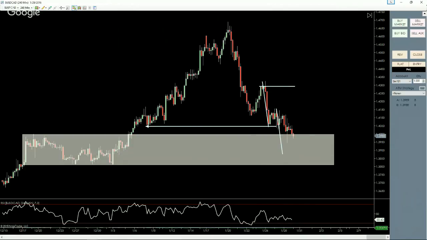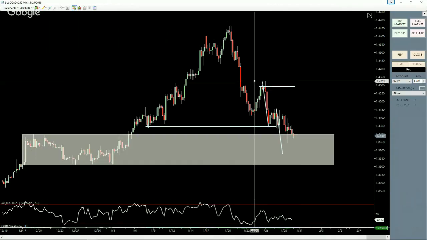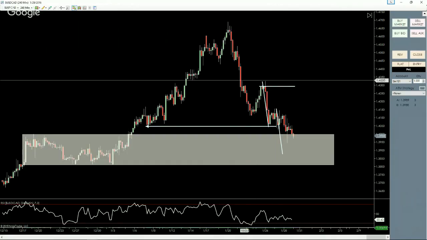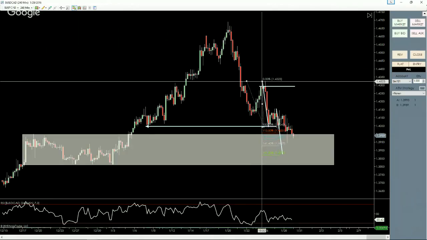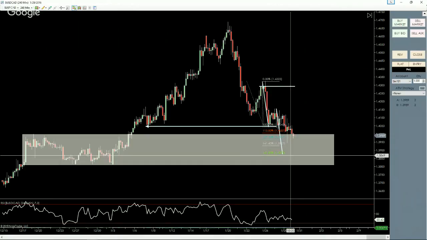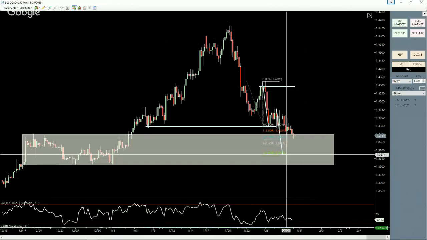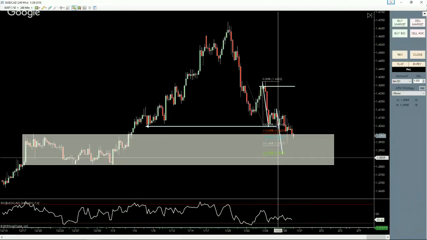So we have a harmonic move down to that level of structure, about 38.80s. See if we can find a Fibonacci level right there. We do have that 1618 level terminating at that harmonic pattern right there.